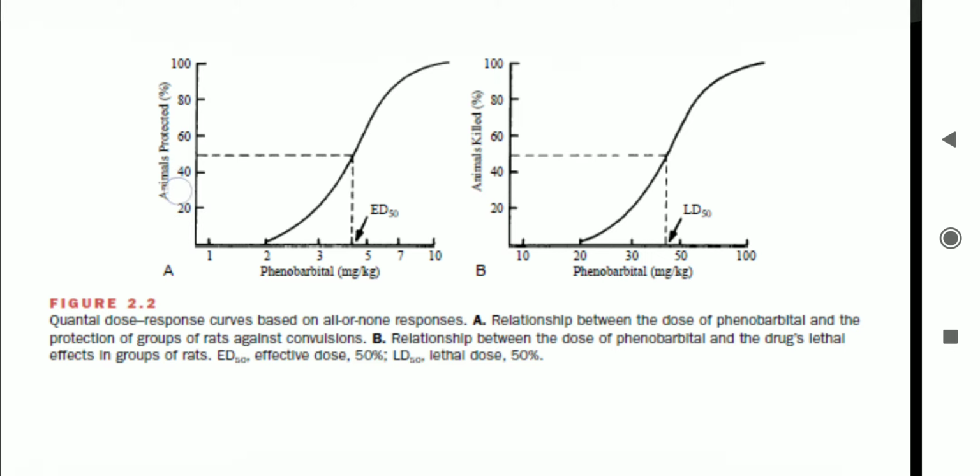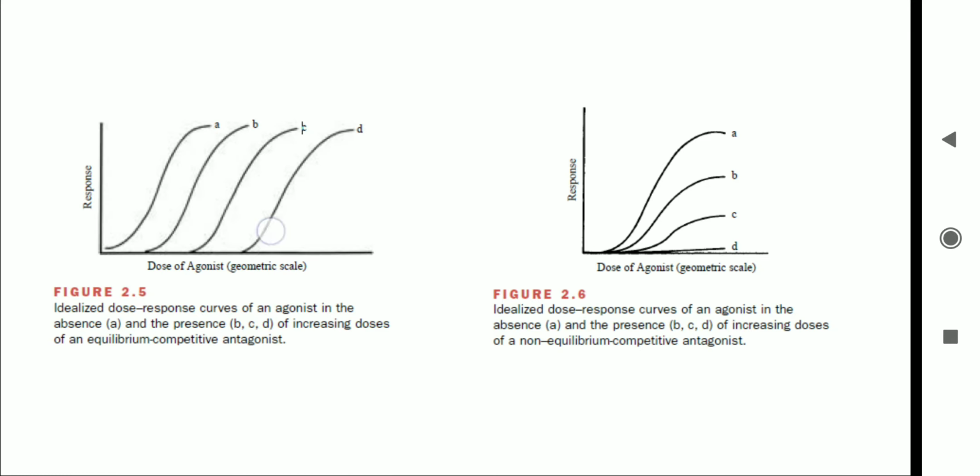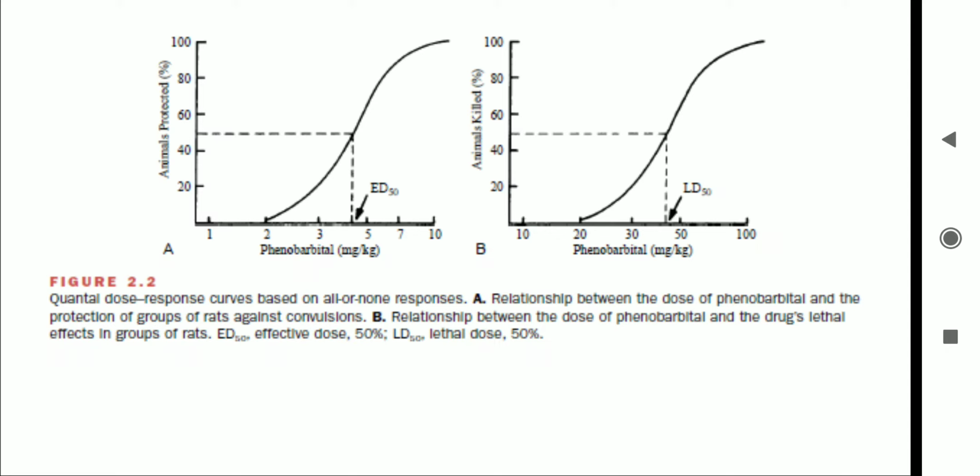This is the percent effect and this is the amount of drug that was given to the rats. Here is the phenobarbital dose in mg per kg.